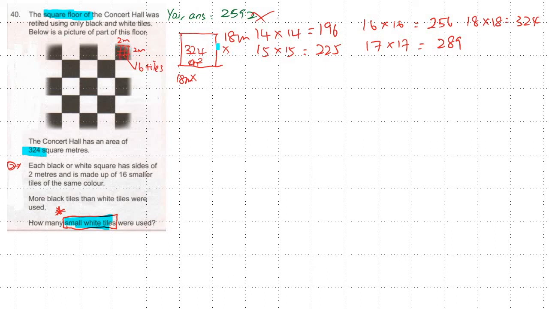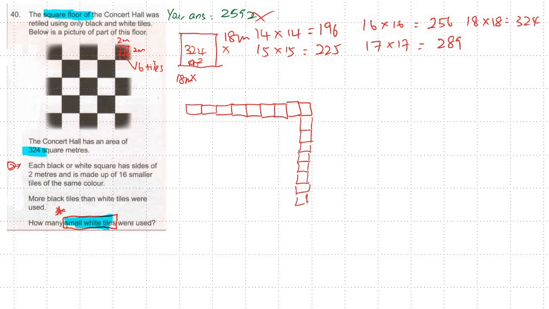I call these big squares, and inside are tiles. So 18 divided by 2, I will have 9 columns. 1, 2, 3, 4, 5, 6, 7, 8, 9. Over here is also 9 rows.